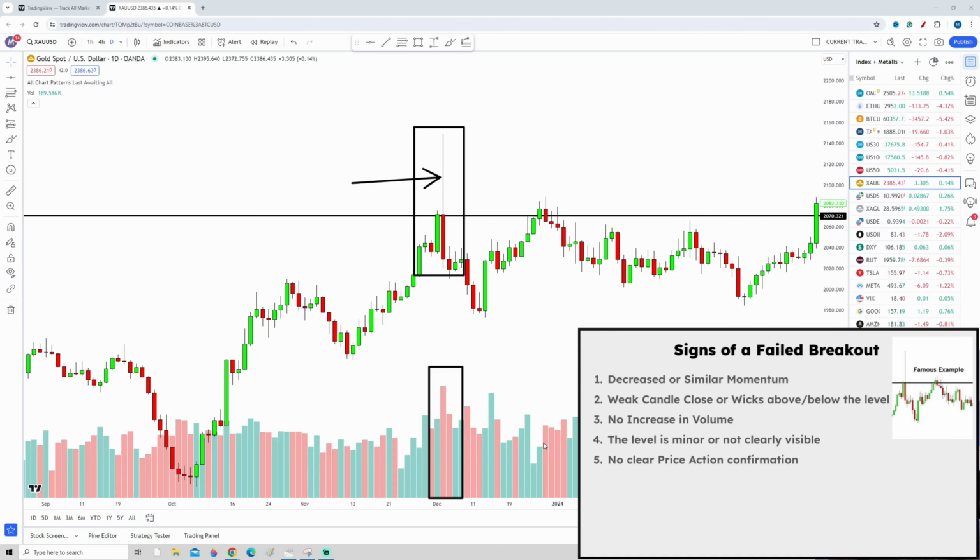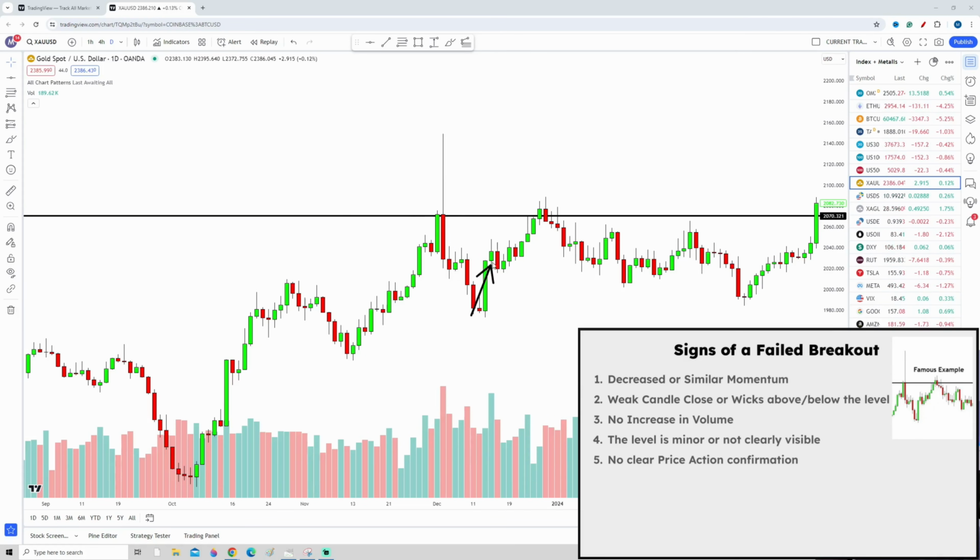Well, this is only true if we actually close above the level. If the price reverses like it did right here, and we see lots of volume, that actually makes the breakout even worse. We also had no price action confirmations. So the only thing we had going for us on this breakout was that we had a clearly visible level.